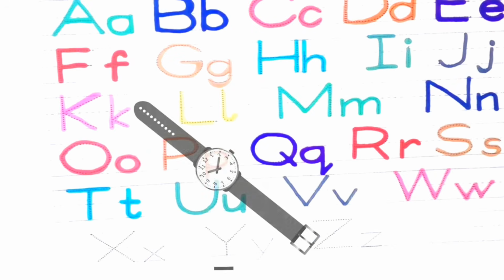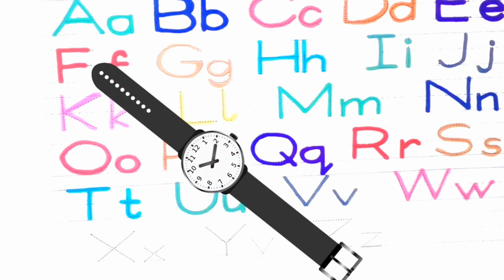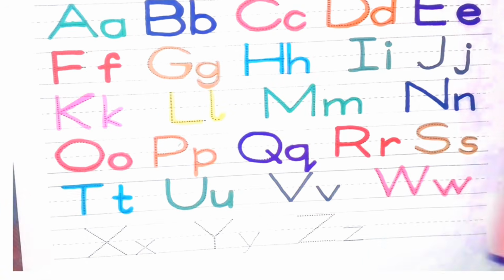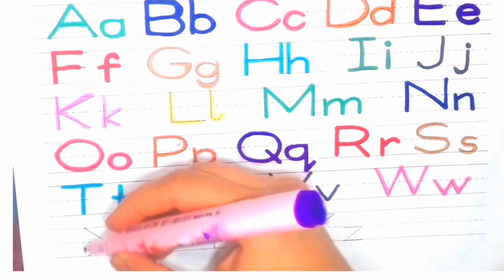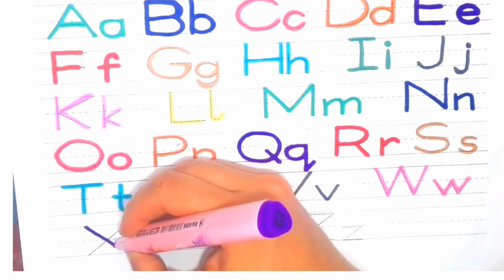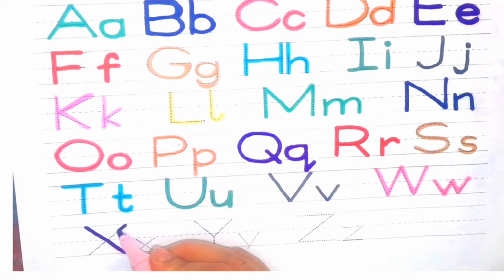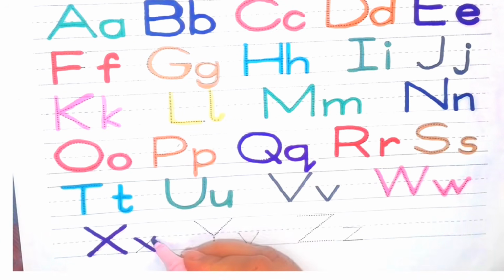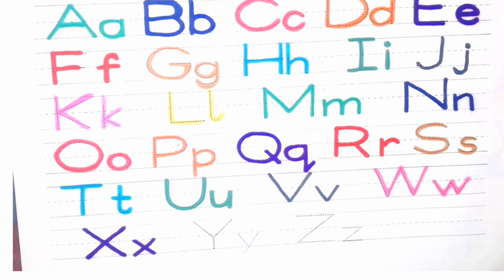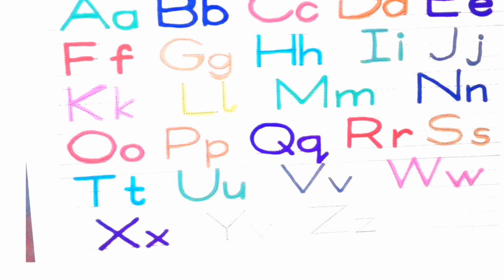W for watch. Capital X. Small x. X for Xmas tree.